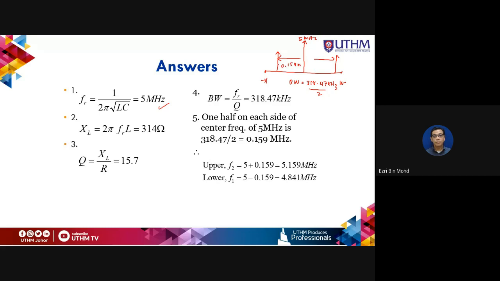The upper side is calculated by FC plus 0.159 megahertz, and the lower side by 5 minus 0.159 megahertz.